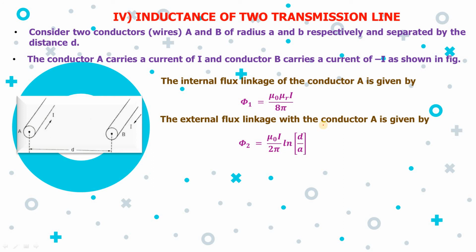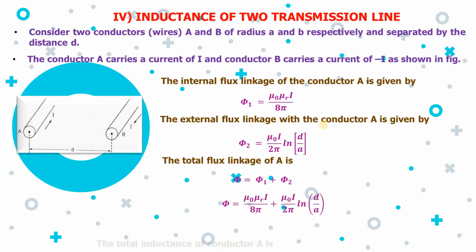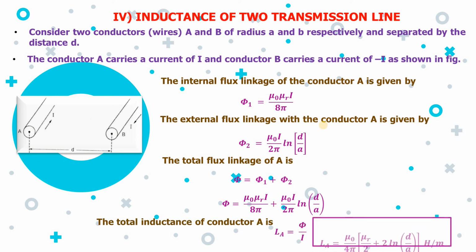There the limits are b to a, but here the limit is d, that is a distance d, and that is the only difference. Therefore the total flux linkage of A is given by phi is equal to phi 1 plus phi 2. If you add up these two expressions, then the total inductance of A is given by LA is equal to mu naught by 4 pi into mu r by 2 plus 2 ln d by a. This is the inductance of conductor A alone.